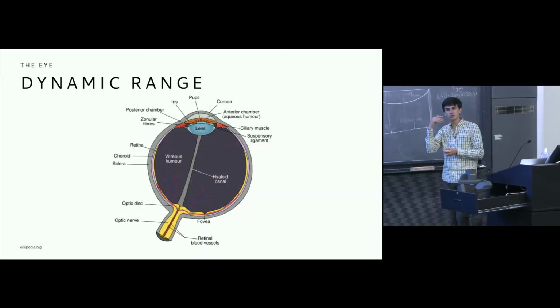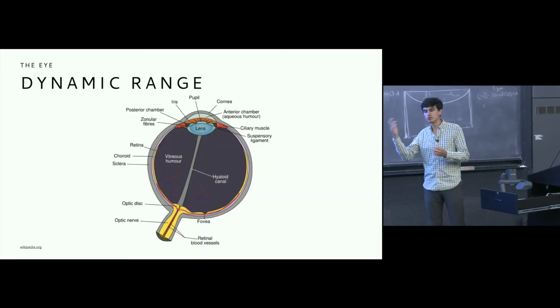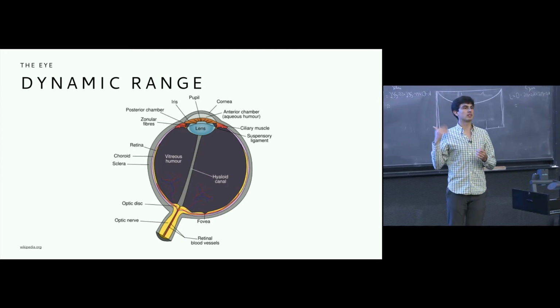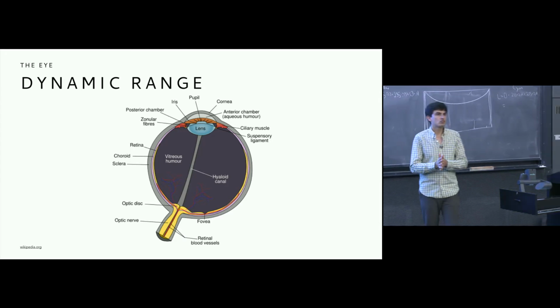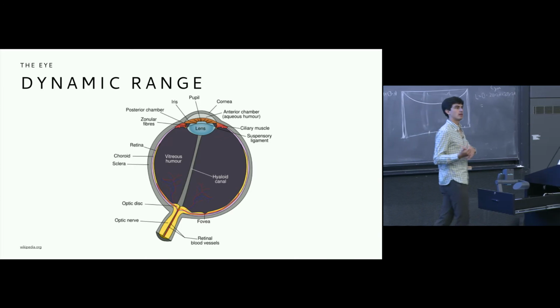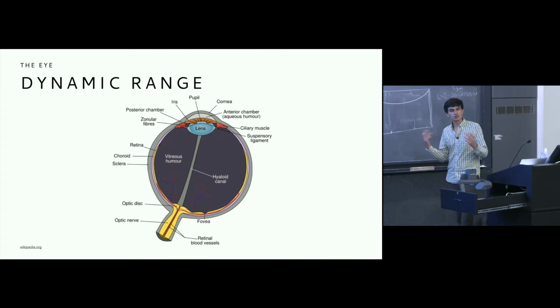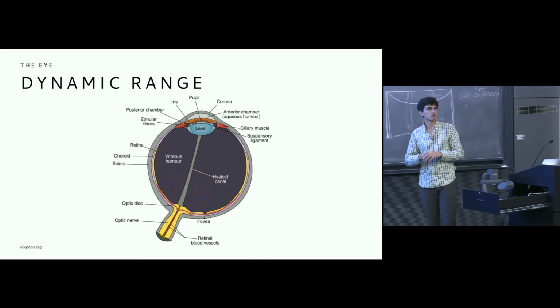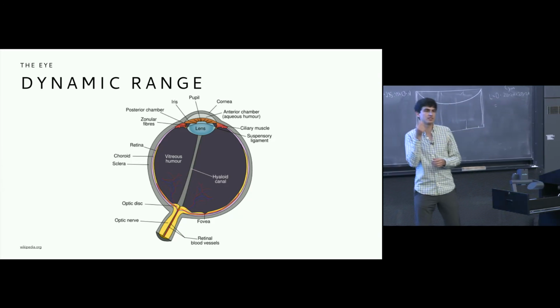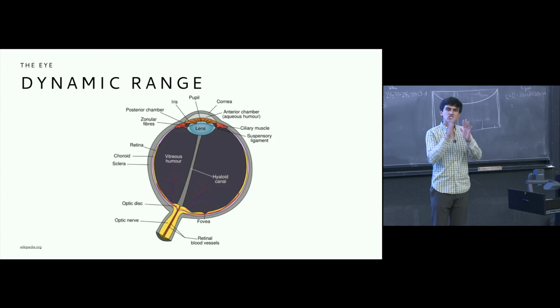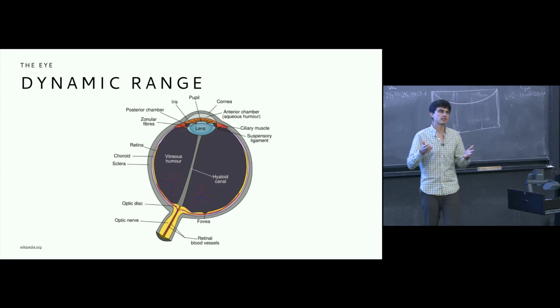We have the cells within our eyes that respond to the amount of stimulation that they receive and try to diminish their response based on overstimulation. They will try to diminish, or if they're being understimulated, they'll try to become more sensitive. So the immediate sensitivity of the cells within our eyes changes for all of the regions within a scene.